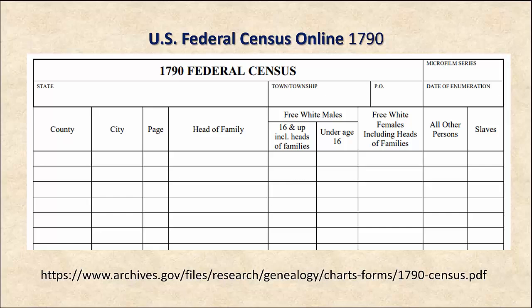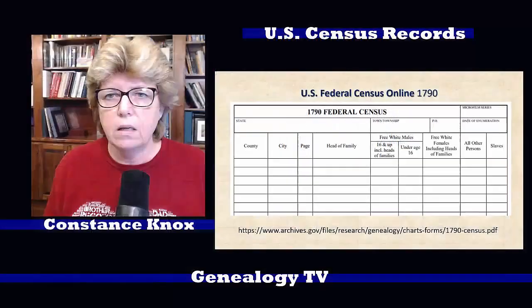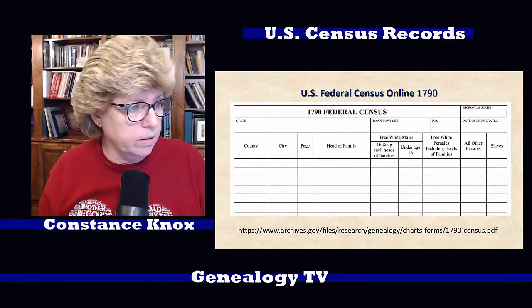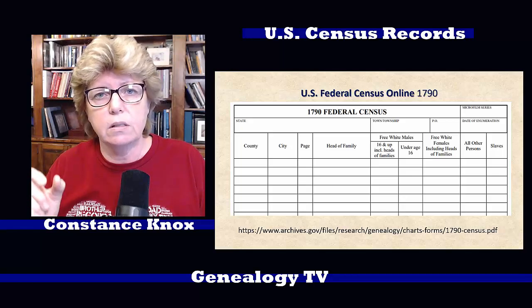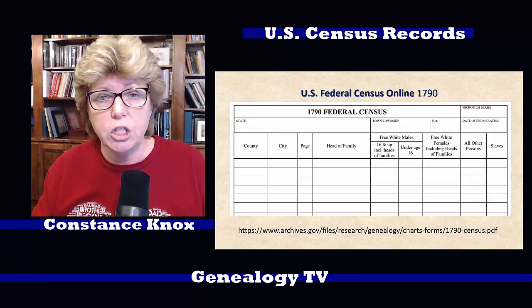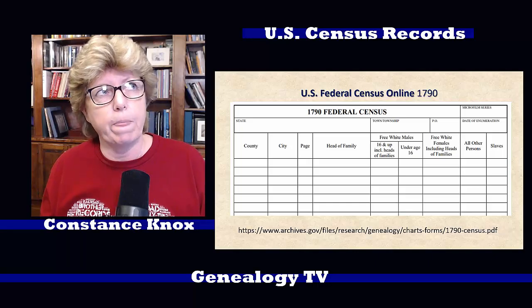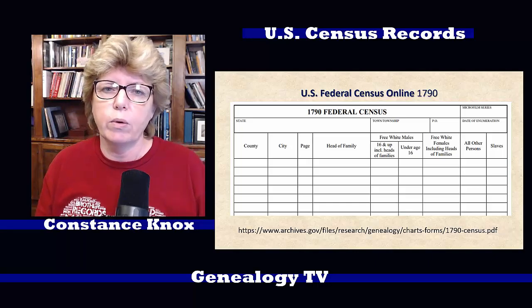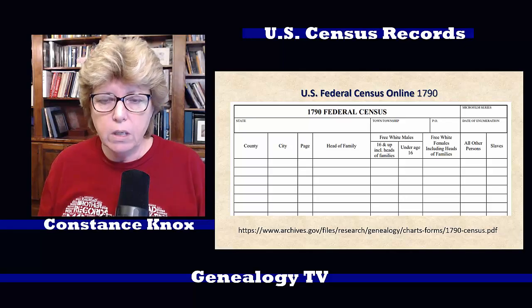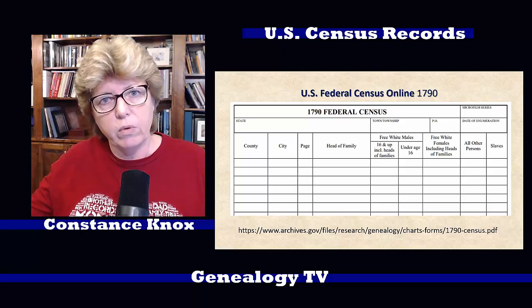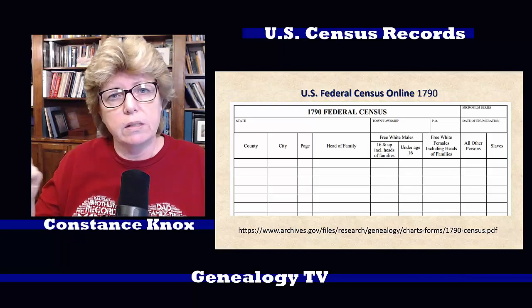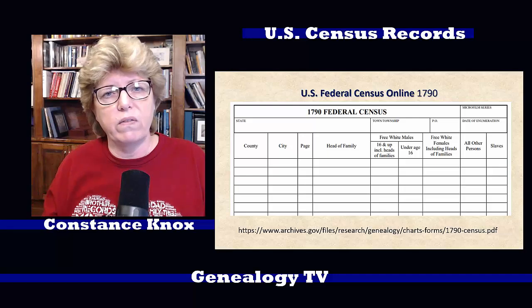The blank forms give you the ability to read the headers on the page, because quite honestly, it's a cheat sheet, right? Back in the day, we used to use these forms when we went and pulled the microfilm, and we sat at the microfilm reader and we would fill in these forms to help us document what we found in microfilm.